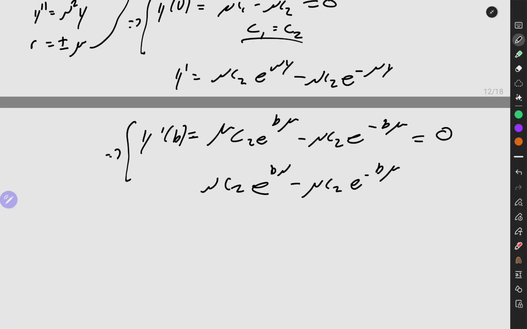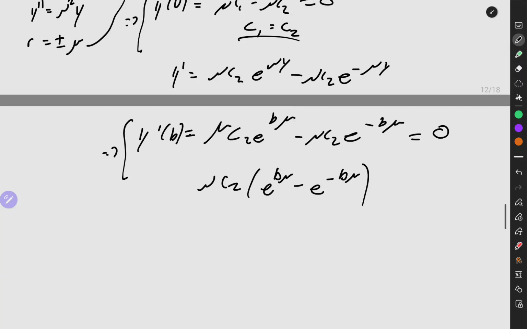Oh, what am I doing? I'm supposed to take that out. e to the b mu minus e to the negative b mu equals 0.